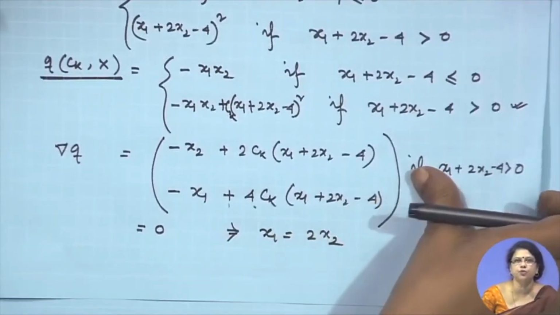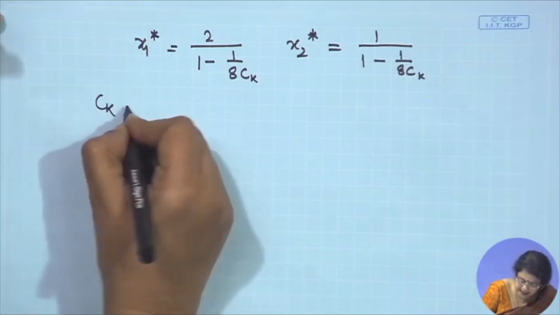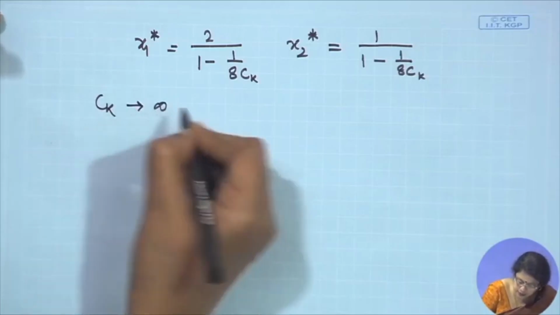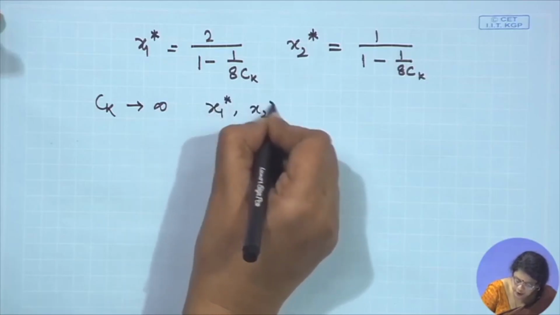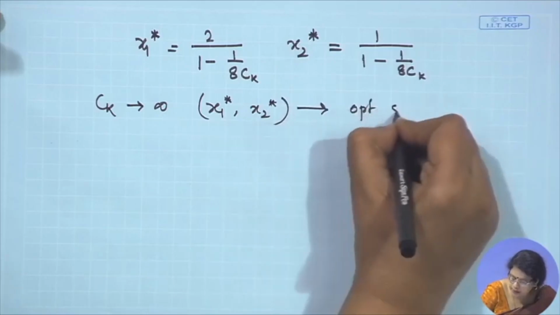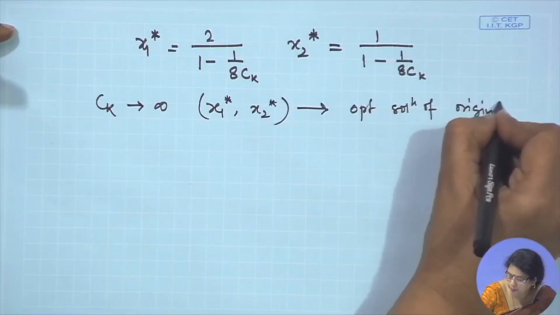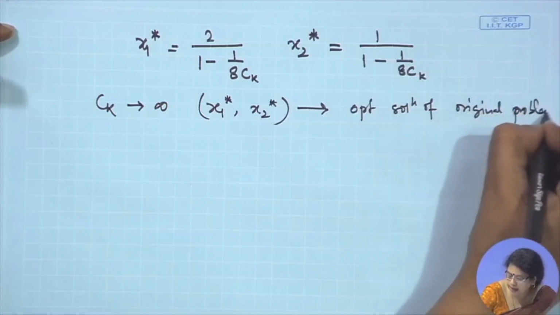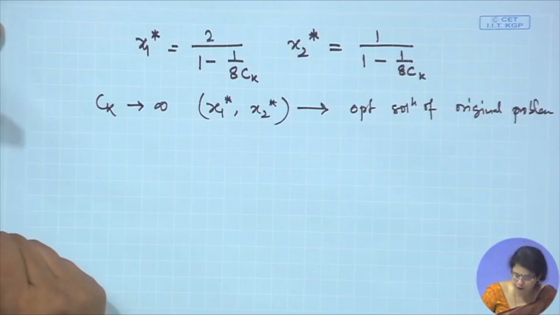What is the condition for the exterior penalty function method? The condition says that if Ck tends to infinity, then x1 star, x2 star will tend to the optimal solution of the original problem. This is the guideline for the exterior penalty function method.